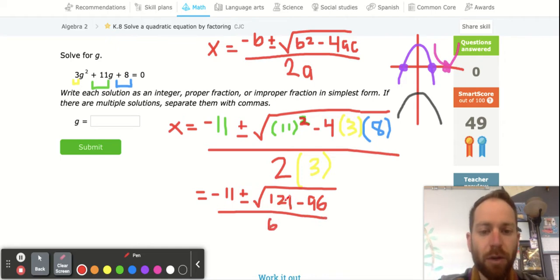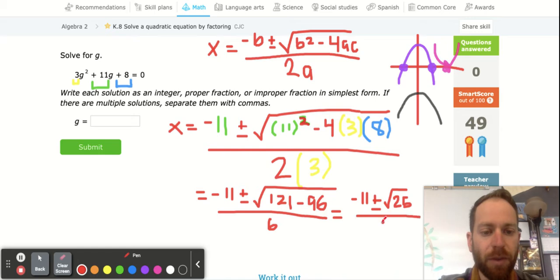And if you subtract 121 minus 96, if you did 121 minus 100, it would be 21, but then you'd have to add 4 back, so that's 25. Hey, the square root of 25 is just 5.